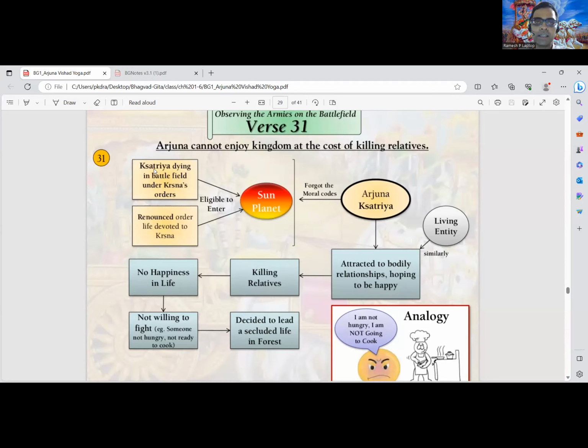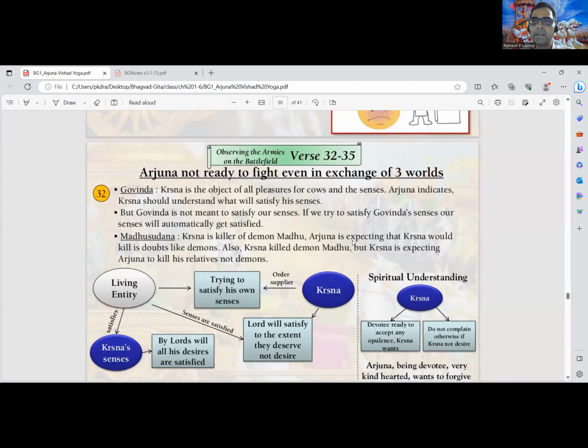And this is the criterion which is being given: a Kshatriya, if he dies in the battlefield under Krishna's orders, is eligible to go to the sun planet, or if he has renounced his order, he is also eligible to enter the sun planet. So all in all, the basic thing is Arjuna forgets for a moment, for a couple of minutes, his own moral codes, and starts thinking on the material platform.